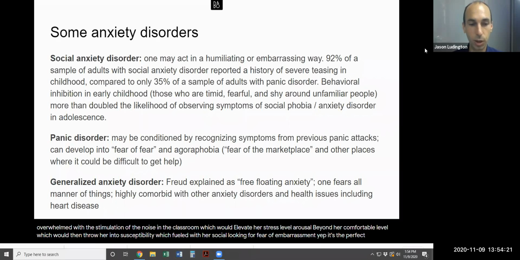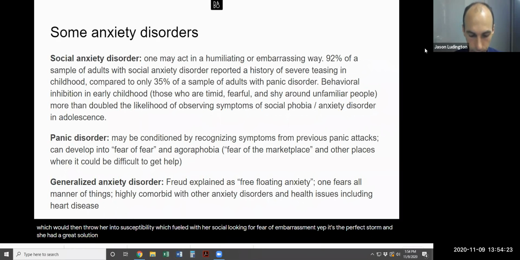Yep, it's the perfect storm. And she had a great solution: to seek isolation, go into another room and calm down. That's the perfect thing to do. Neat to hear about that. The real world example. Thank you.